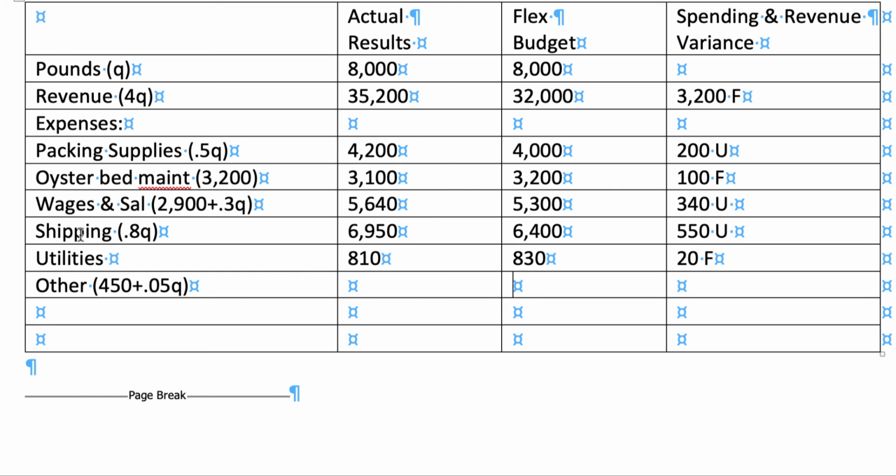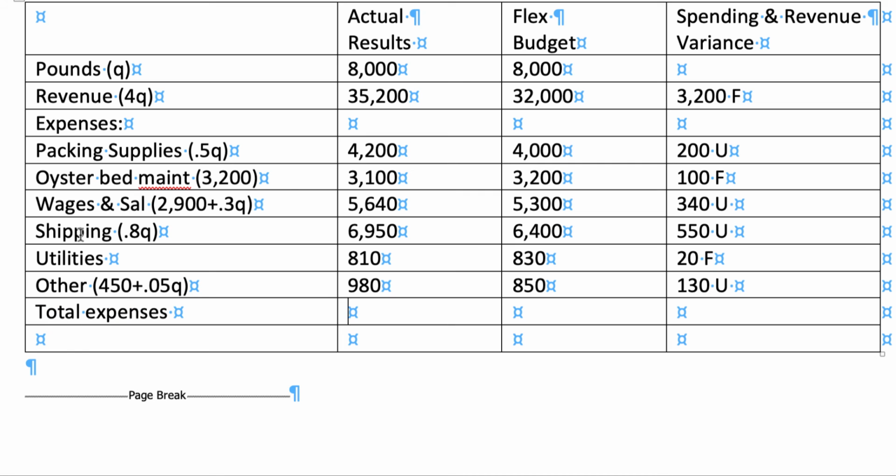Well, they should be 850. But what are they actually? Well, they're actually 980. So right off the bat, we're unfavorable. Why? We actually incurred more than we should have based on that flex budget. So we're $130 unfavorable.